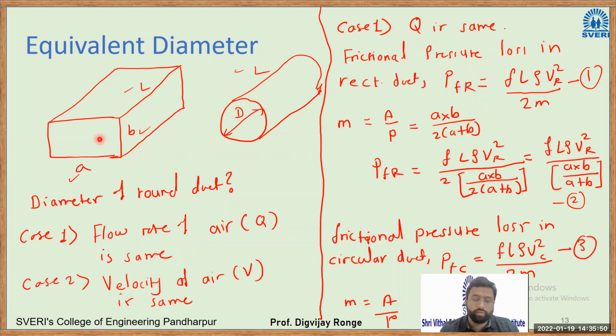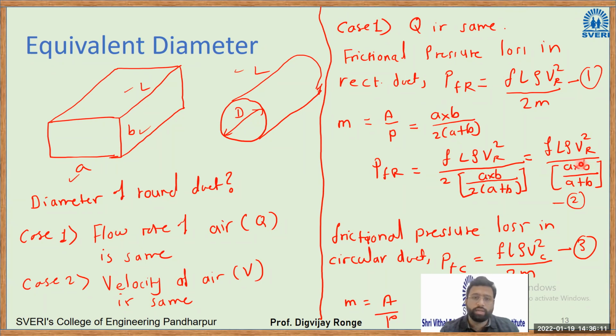Now for a rectangular duct, what will be the value of hydraulic mean depth? It will be equal to the area of the rectangle, that is A into B, divided by the perimeter. Perimeter of the rectangle is 2 into (A plus B). If I put this value into this equation, I will get the frictional pressure loss.